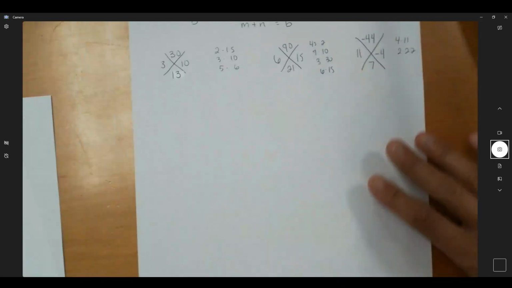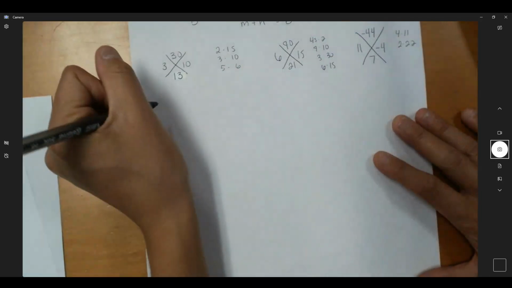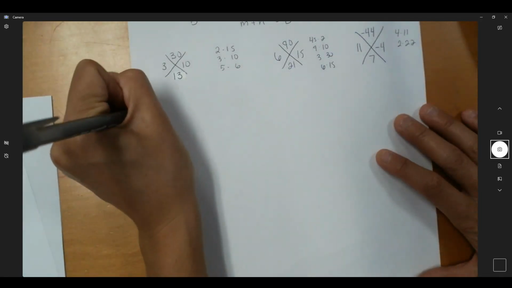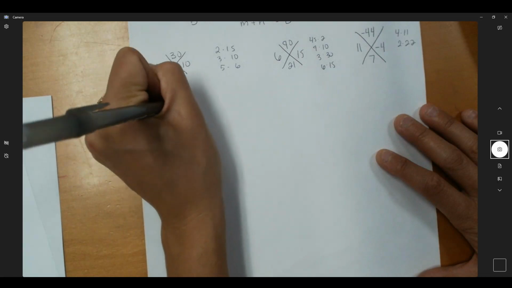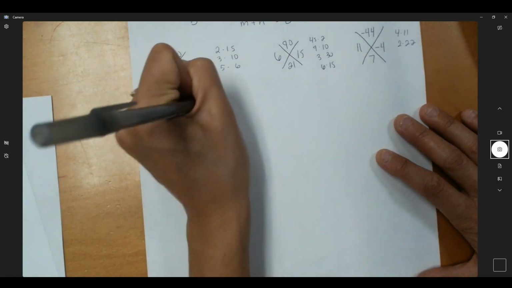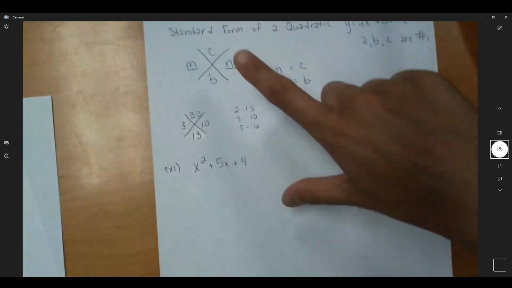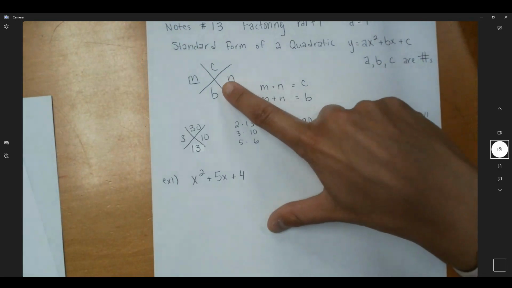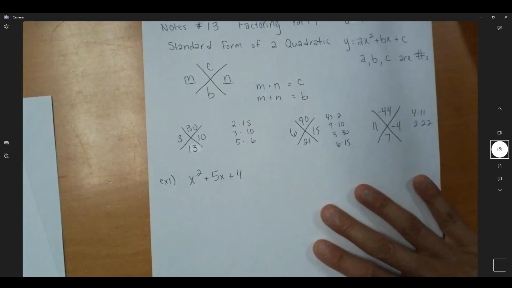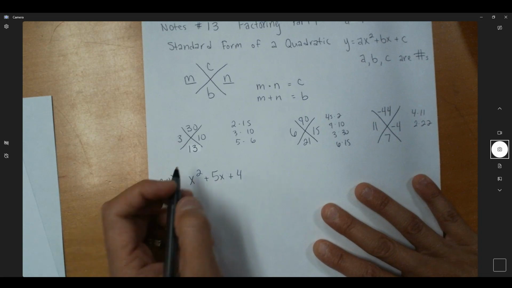Okay, so back to the factoring. Again, if you want to practice, you can pause this and practice these problems. So the factoring part, if you have a problem like this, we need to set it up like this. So the C, that's our last number. And we know that it's an X method because there's nothing in front of here.